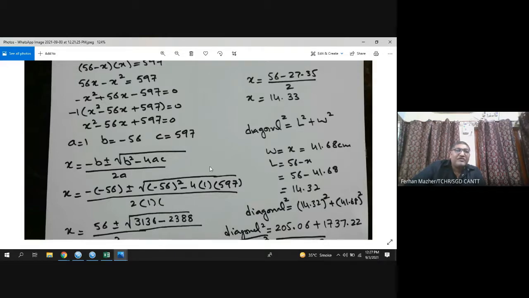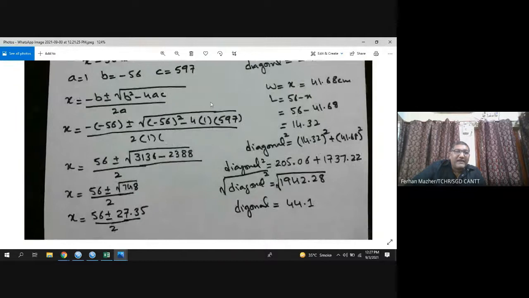So we will substitute the values of a, b, and c in the quadratic formula. Here this minus and this minus will make it plus 56, and minus 56 whole square will give you 3136, minus 4 multiplied by 1 multiplied by 597, that's 2388.